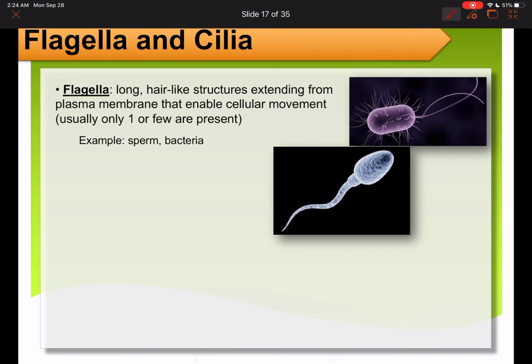And as we have already talked about in prokaryotic cells, there are cells with flagella for locomotion. For eukaryotic human cells, the only type of cell that has a similar type of flagellum for movement is the sperm cell. Other than sperm cells, there are no other cells in our body that have a flagellum that allows for movement.